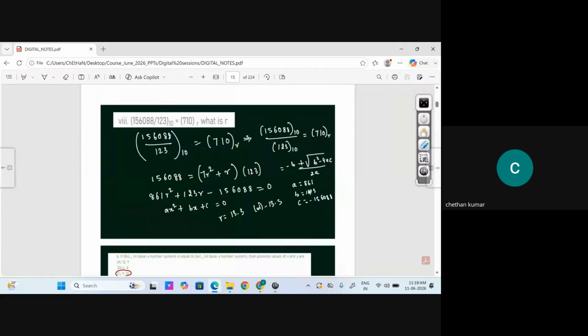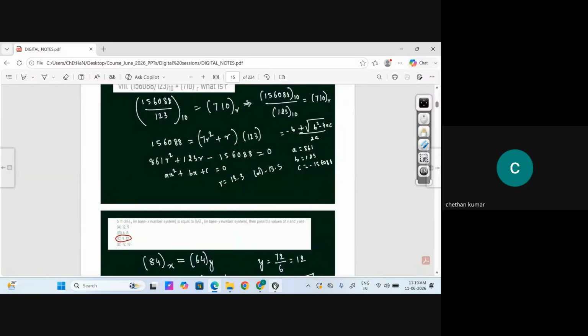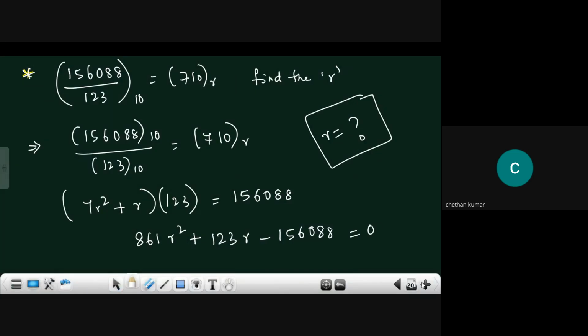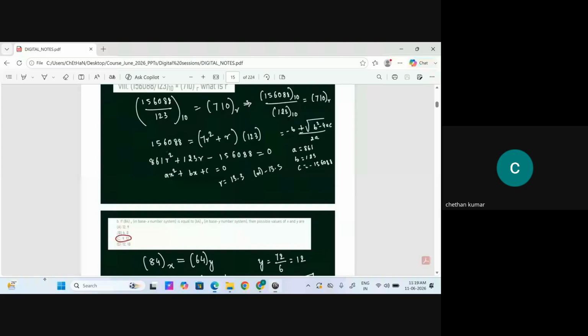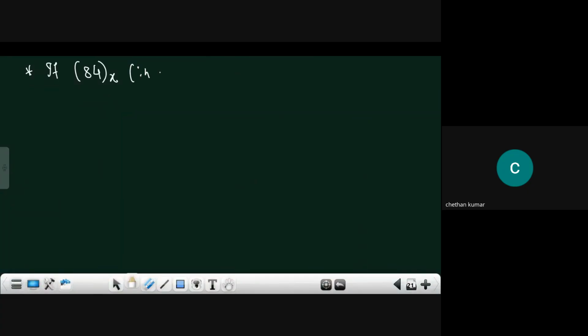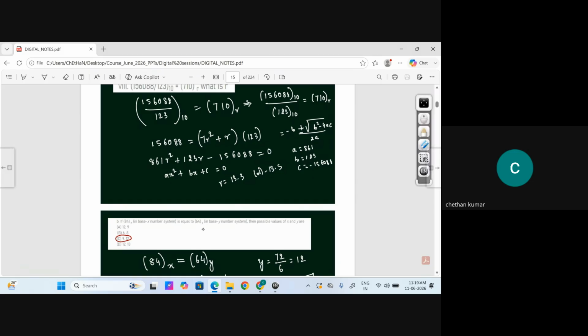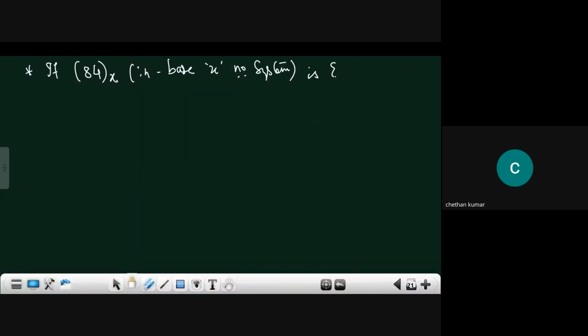Okay, so the next question is: if 84 of base x, you note on the question, if 84 in the base x number system is equal to 64 of base y number system, is equal to 64 of y.